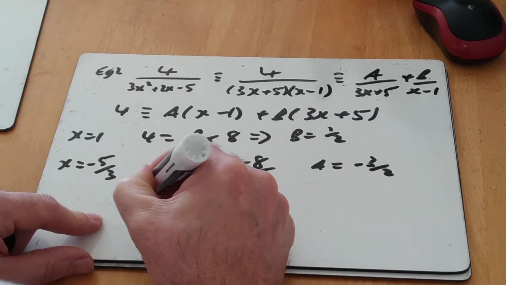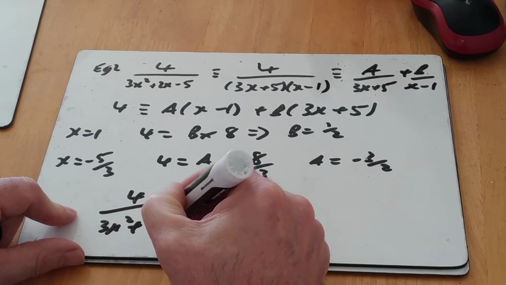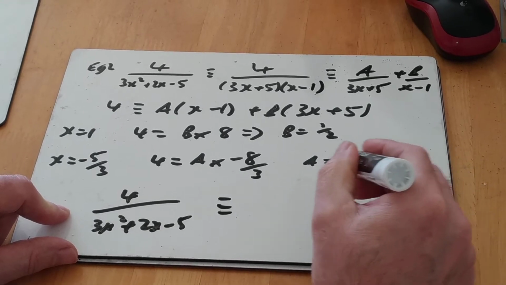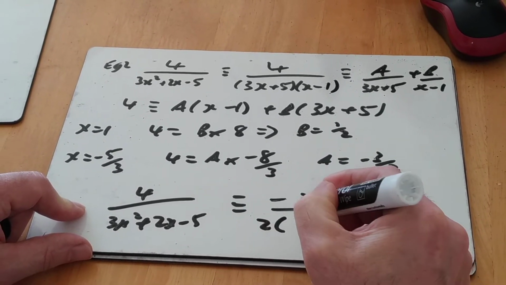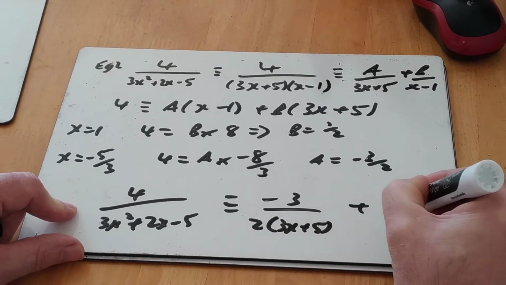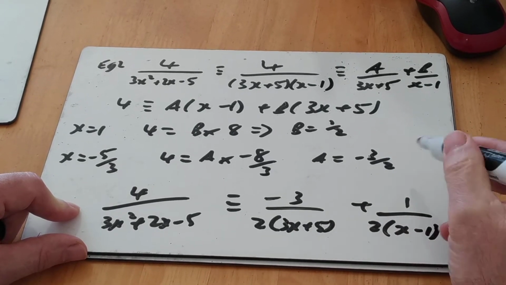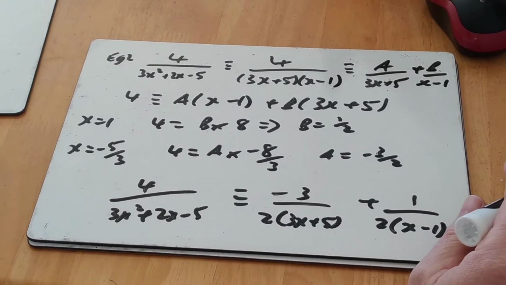And how I would write the answer then, with these fractional coefficients, minus 3 over 2 for A becomes minus 3 on the top over 2 bracket 3x plus 5, and then plus 1 over 2 bracket x minus 1. So the coefficients, the minus 3 over 2 and the half, are written in that form there.